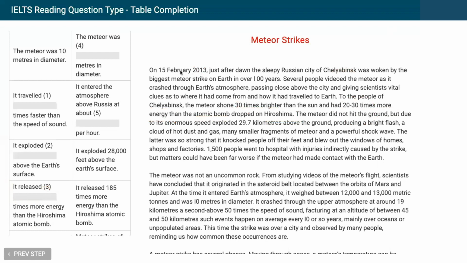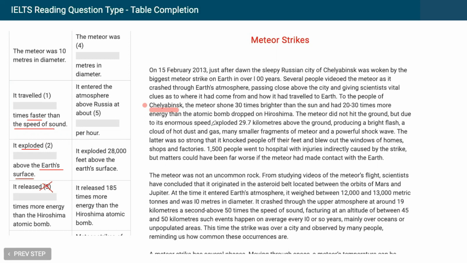So we're still going to look here at Chelyabinsk. We can mentally cross off number 3. We don't have to worry about this for now. We're looking at faster than the speed of sound, Earth's surface, and also the fact that it exploded would be something good to look at. And so I'm going to just mark off our area here and look for some numbers and look for some of these words.